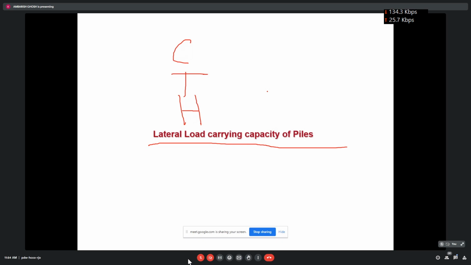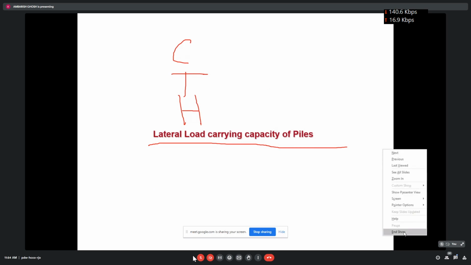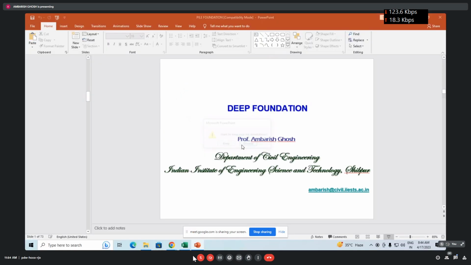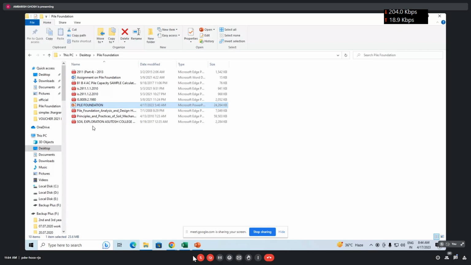For this one, you open IS 2911, all of you are having it. Open IS 2911, Part 1, Section 2, Annex C. Can you see this?